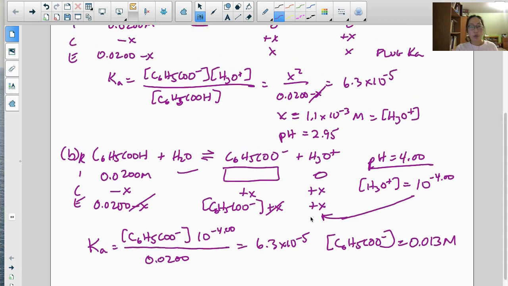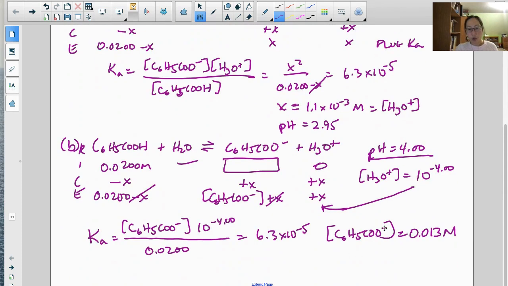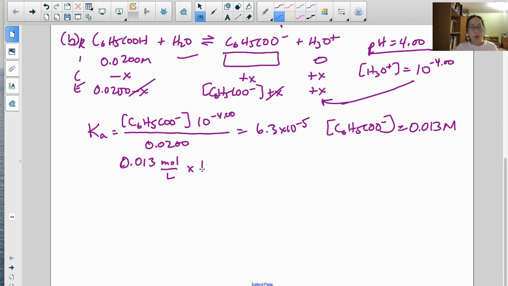Now, the question, if you look back, is asking for how many grams of sodium benzoate. Right now, we only have the concentration of the benzoate ion. So if we figure out how many moles that is, okay, so we have moles of benzoate per liter. And remember, we have 1.5 liters of solution. That will give us the moles.